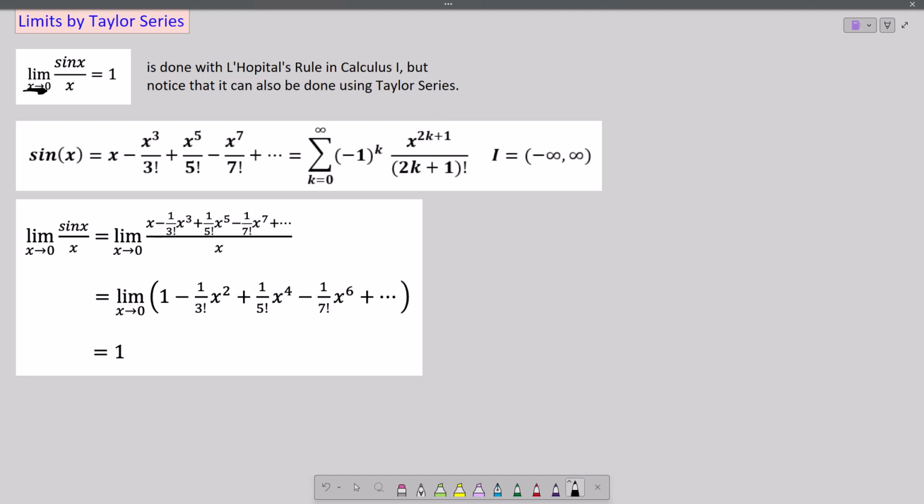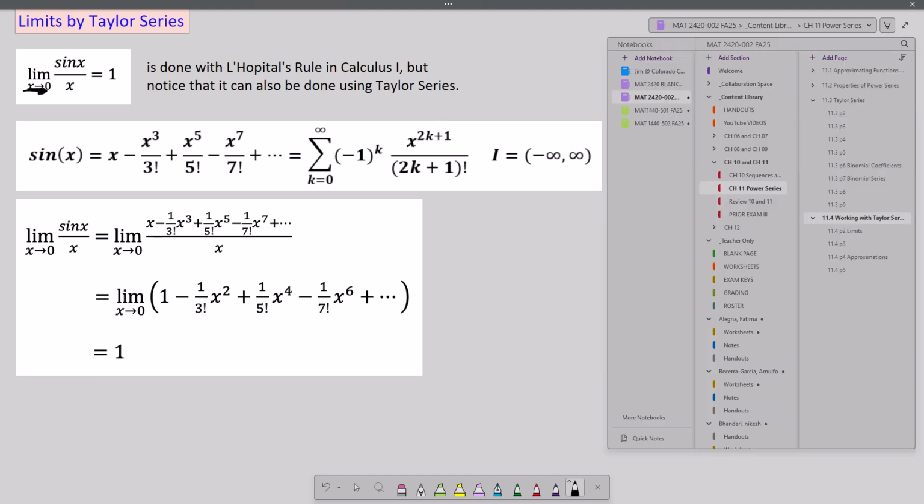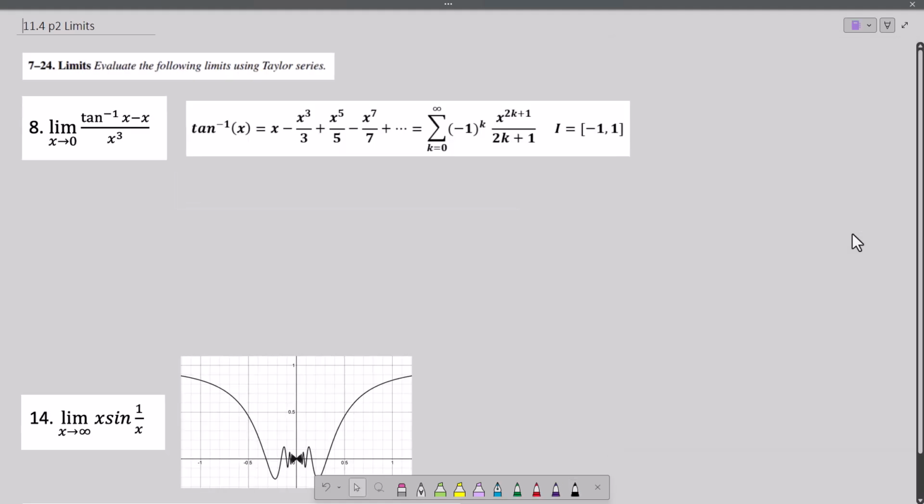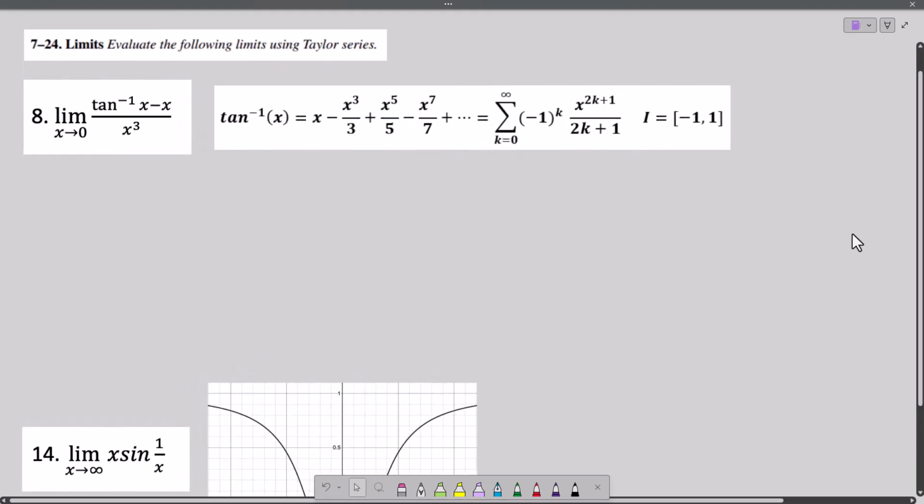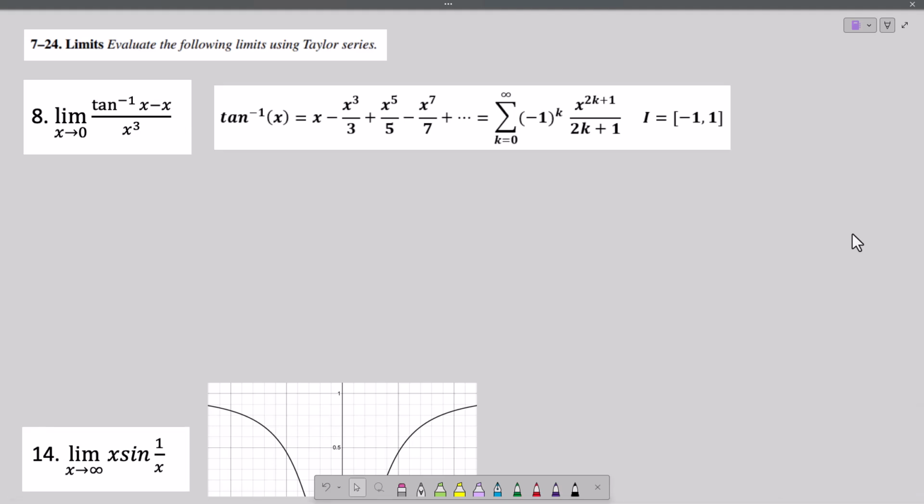Okay? So you can now do limits with power series. We'll do one more. So here is the power series for arctan, right there. Odd powers of e to the x with a switch, but then no factorial, so it looks a lot like sine. If you divide everything by x cubed, so you're going to subtract off x.